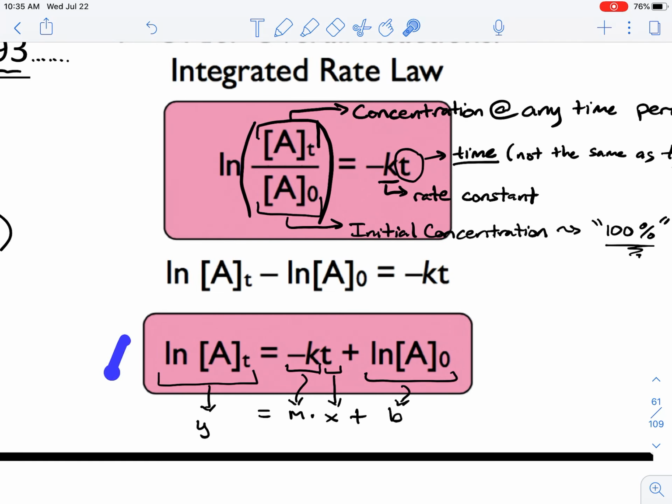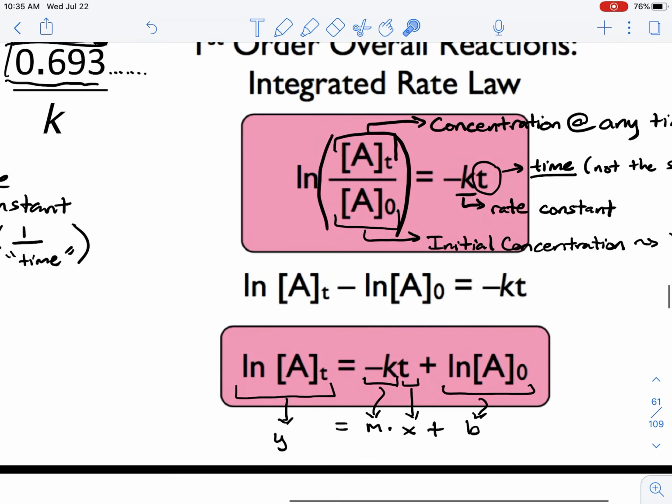But you can also use this form when you're working with word problems as well. The only difference is the types of operations you guys would perform when trying to isolate a specific variable. In other words, solving for this term or solving for k, solving for T, solving for initial concentration.